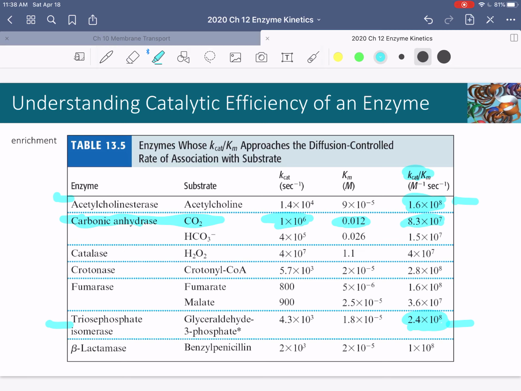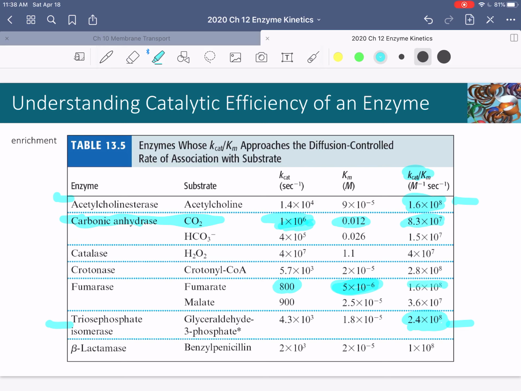All of these have good Kcat over Km, but you can get a good Kcat over Km by having a very small number for Km, despite having a kind of small number for Kcat, right? 10 to the 6th is a million, whereas fumarase only makes 800 products per second, and yet it has a really good Km of 5 times 10 to the minus 6th.